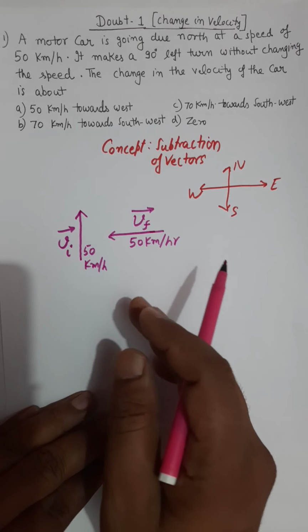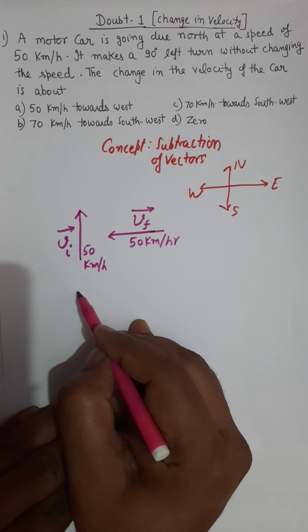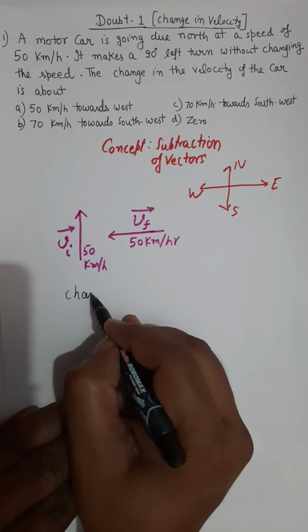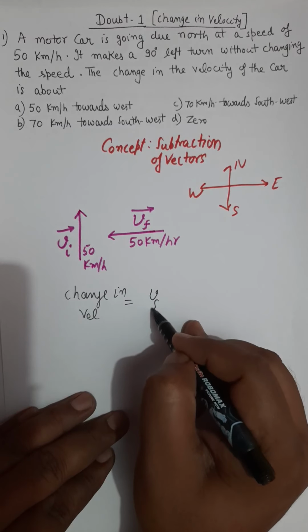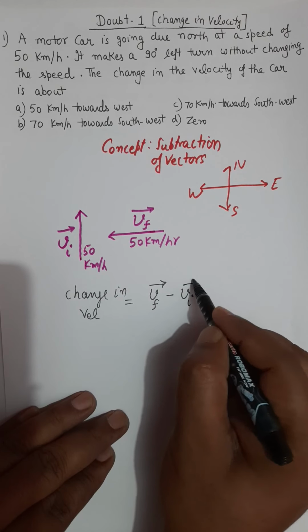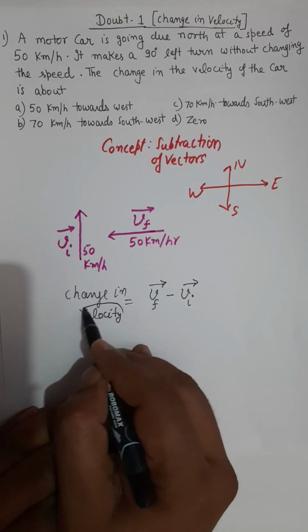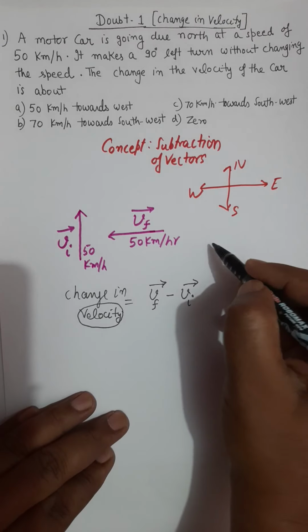Now we have to find change in velocity. Change in velocity is defined as final velocity vector minus initial velocity vector. Take care, they are asking about velocity, they are not asking about speed.